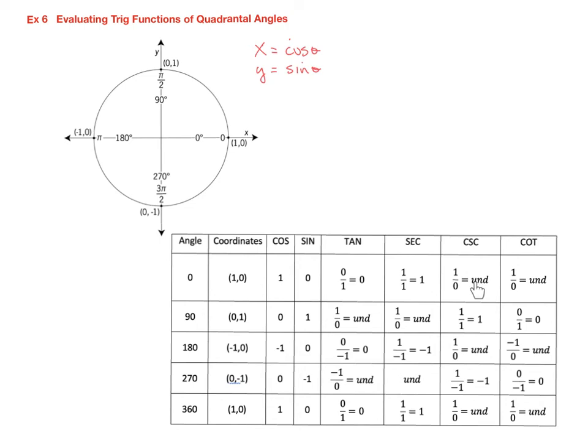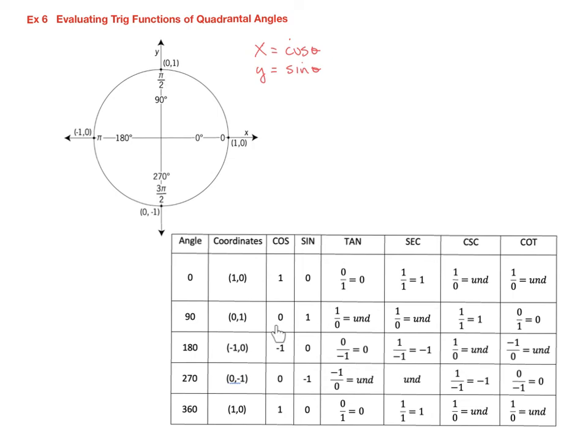Cosecant, the reciprocal of sine, and the reciprocal of 0 is 1 over 0, and that's undefined. The cotangent is the reciprocal of tangent. Since the tangent is 0, the reciprocal is 1 over 0, and that's undefined.